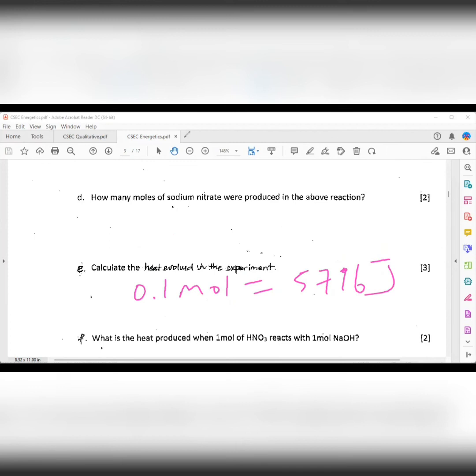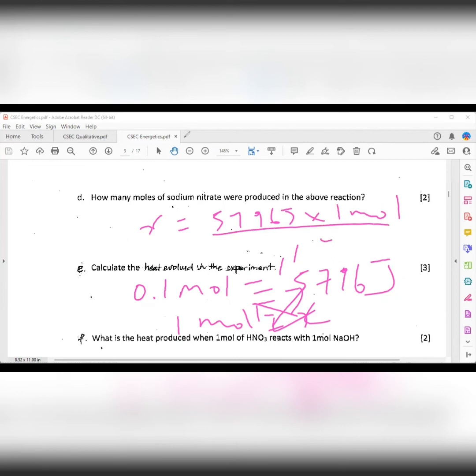They're now asking you, if 0.1 produced 5,796, how much would 1 mole produce? And that's X. Then you cross multiply. You would end up with X is equal to 5,796 joules times 1 mole divided by 0.1.